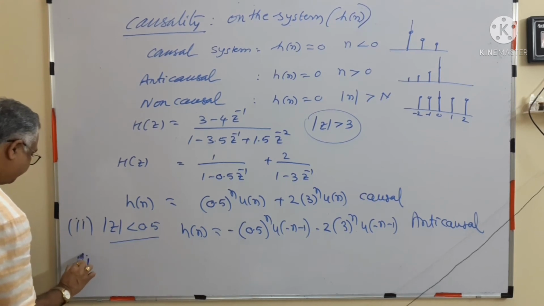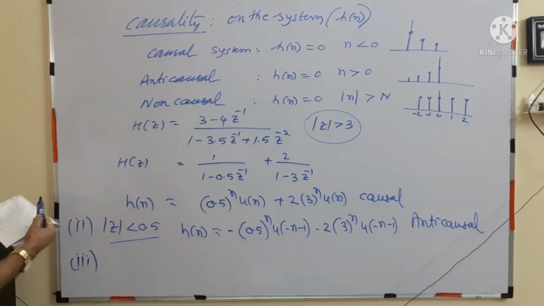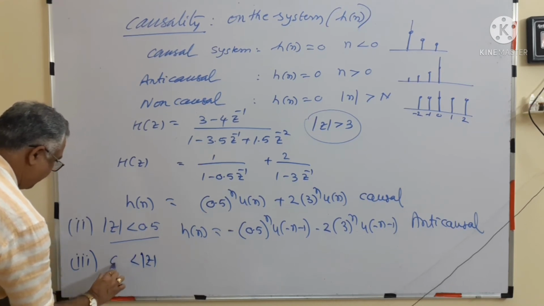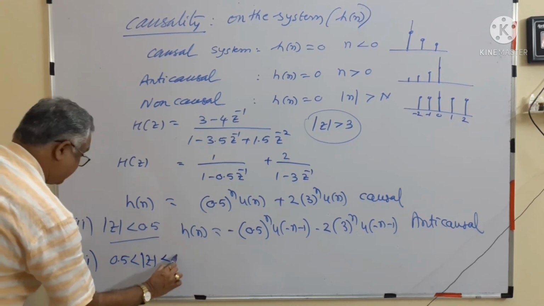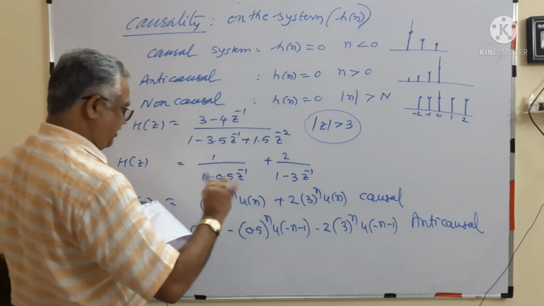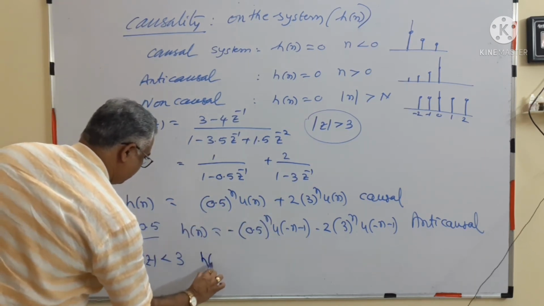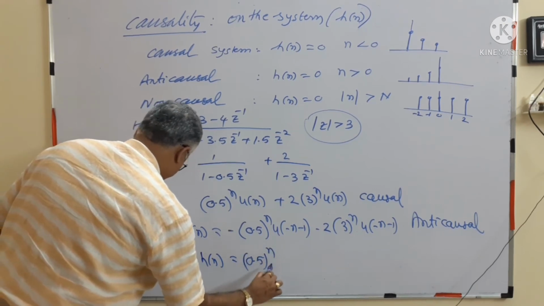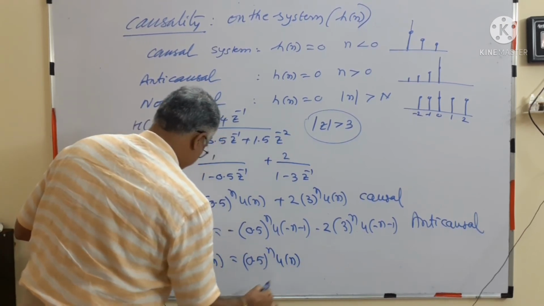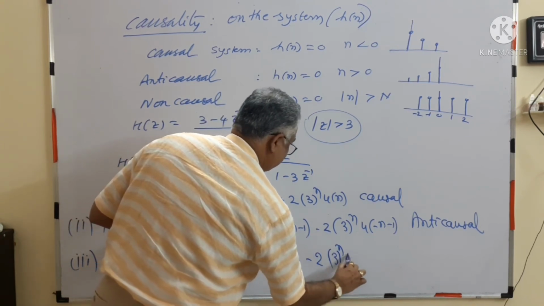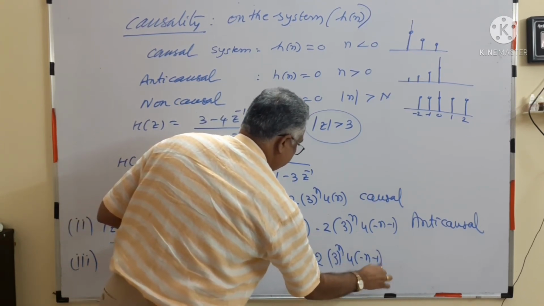Third one, mod z greater than 0.5 and less than 3. So here it is going to be non-causal, with left side and right side. So what is h of n? 0.5 to the power of n u of n minus 2 times 3 power n u of minus n minus 1.